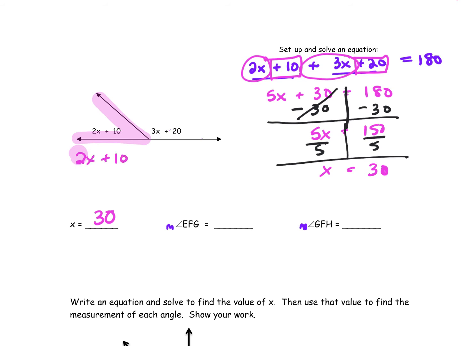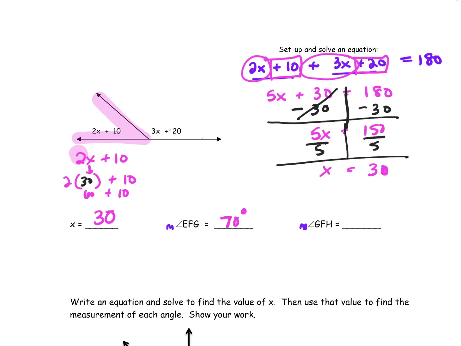Well, we now know that x is 30. So we're going to replace x with 30, multiply it by 2, and add 10 to it. So that would be 60 plus 10. So our measurement for E to F to G would be 70 degrees.